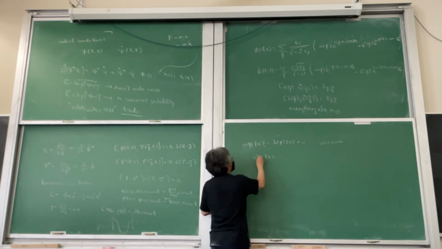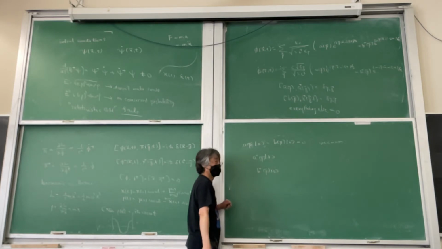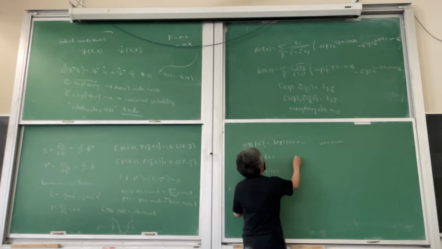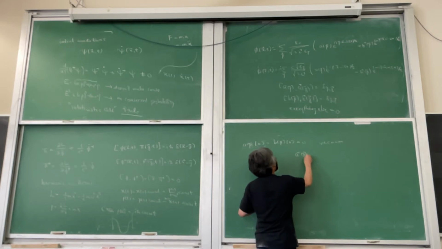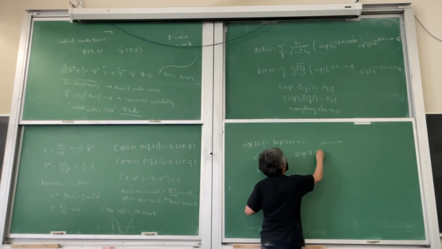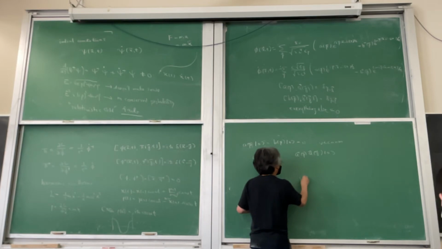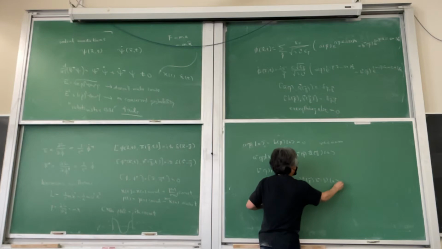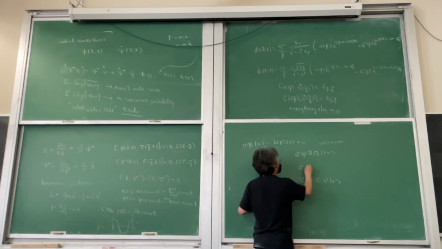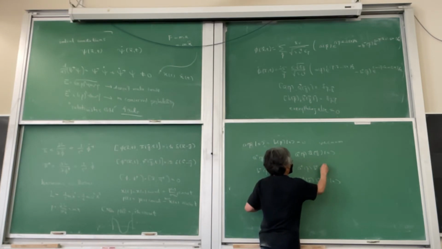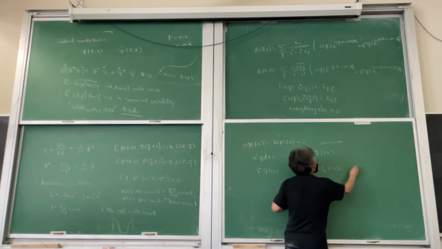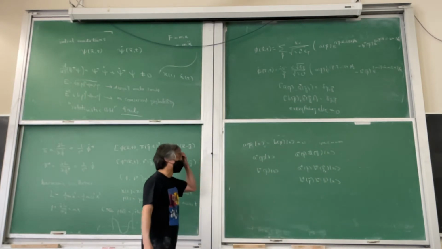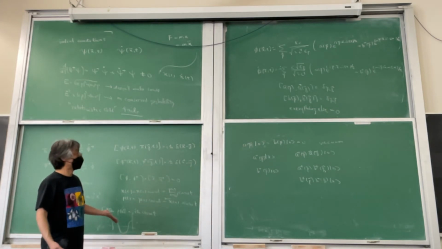Then you can create one A particle. You can also create one B particle. That's in one particle state. You can create two A particles. You can create two B particles. And you can create also one each if you like. And so on and so forth. Now you got your Hilbert space.